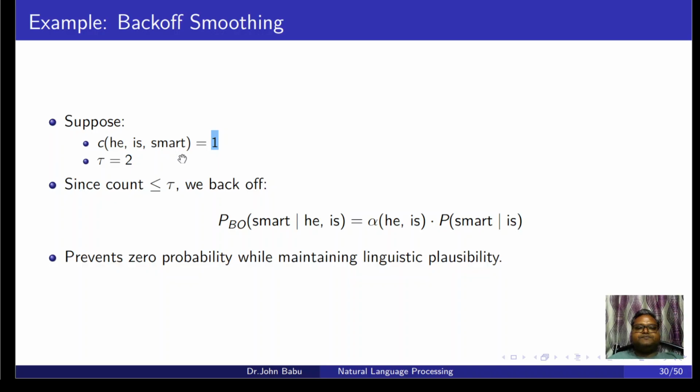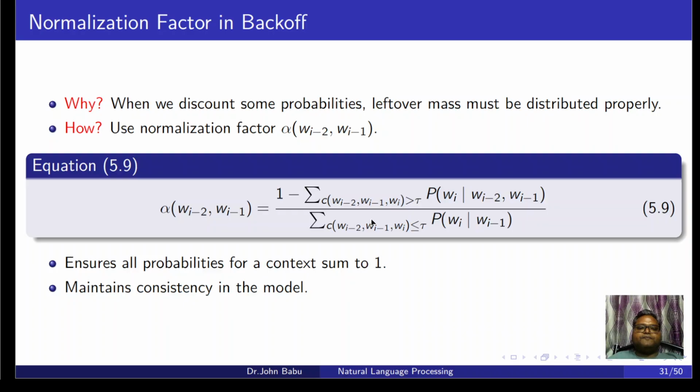Instead of considering "he is smart", we fall back to the probability of the bigram "is smart", and we multiply that with alpha, which is a normalizing factor, to make the probabilities sum to 1. This alpha is calculated ensuring that all the probabilities are equal to 1, because when we discount some probabilities, we should follow the rule that all the probabilities should sum to 1.